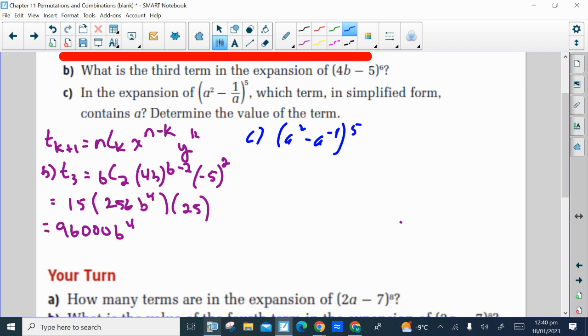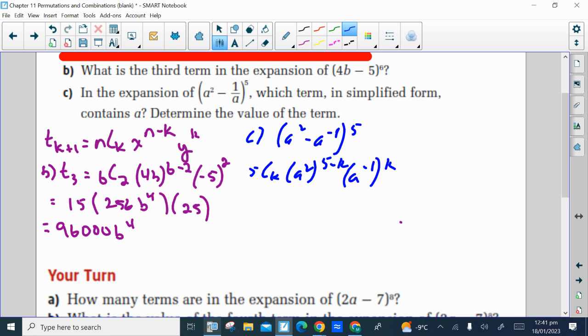So let's start with the general term formula. We know that n is 5. So every term in the expansion would be 5Ck, a squared to the 5 minus k, and then a to the negative 1 to the power k. Every term in the expansion could be determined by using this expression, just changing the values of k.